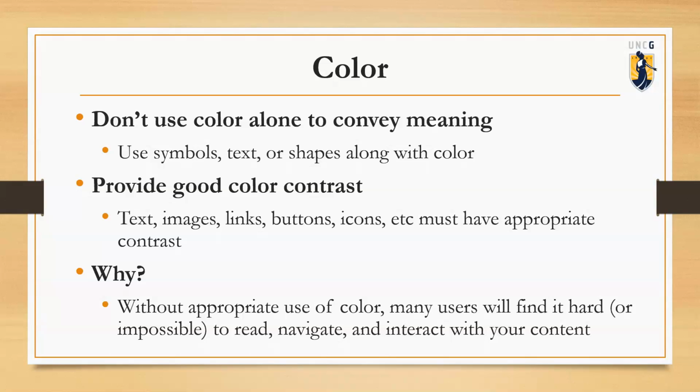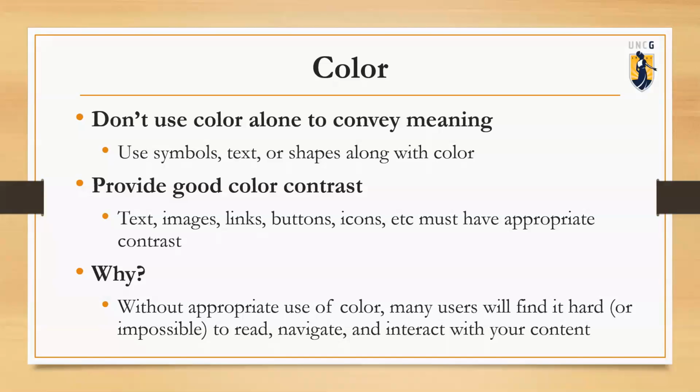An example: for the first bullet here that says don't use color alone to convey meaning, if I want that to stand out to students, I could highlight it. Maybe I want to highlight it in yellow, but I could also use asterisks around the text. I could also put the word important in front of the sentence, don't use color alone to convey meaning. So pretty simple to do. It's just something that you need to think about as you're creating your content.